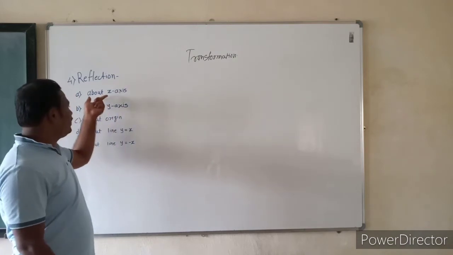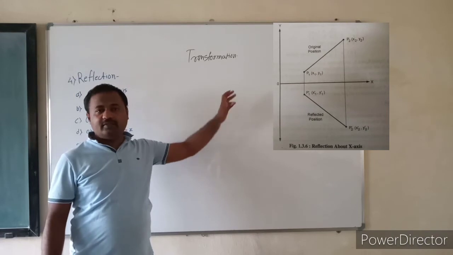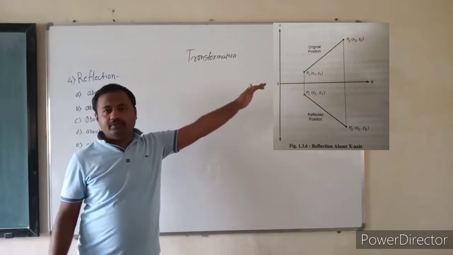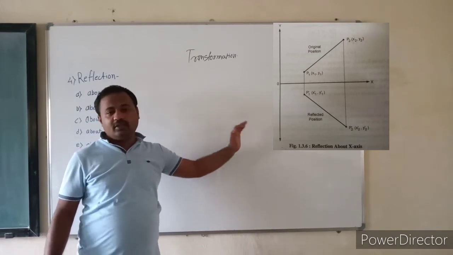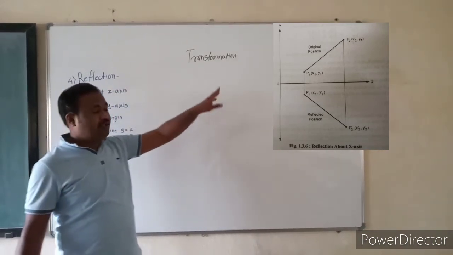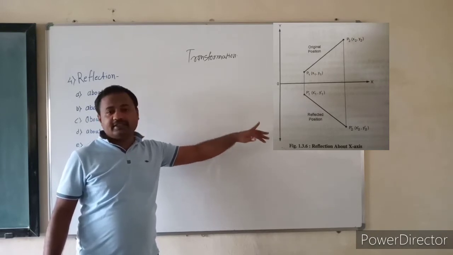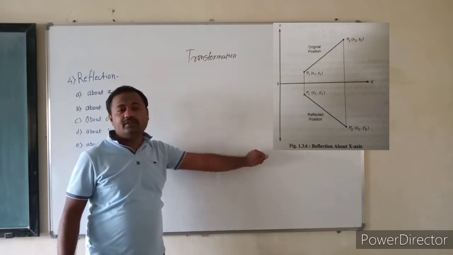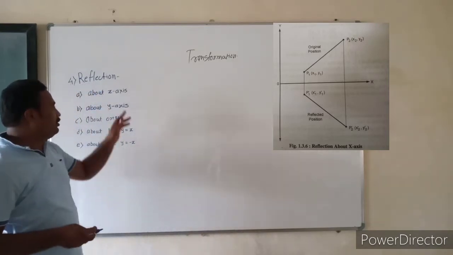First one is reflection about the x-axis. In the diagram, we see that the line P1, P2 is reflected about the x-axis, the horizontal axis, to P1 dash, P2 dash. We already know that if it is reflected about the x-axis, then the y coordinate becomes negative.